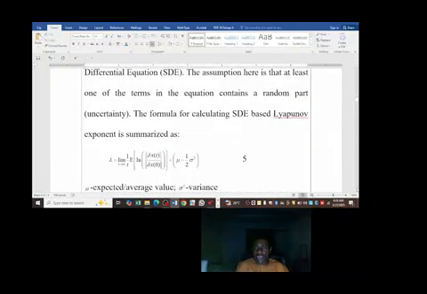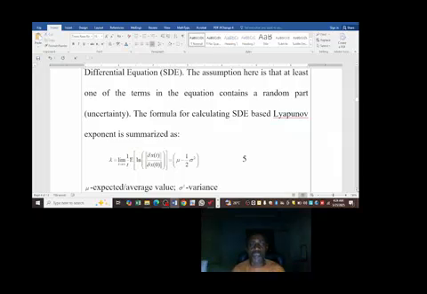The assumption here is that at least one of the terms in the equation contains a random part, uncertainty. So the first assumption is relaxed. The ODE assumption, that none of the parts of the equation has a random part, no uncertainty, has been relaxed because the real-world system is full of uncertainty. So stochasticity needs to be incorporated, and that gives rise to the stochastic differential equation.